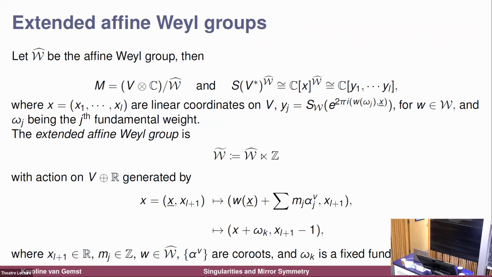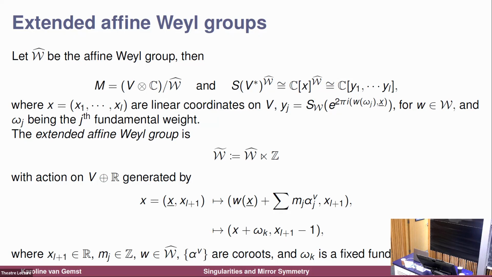And it's the same story as the non-affine, only now the basic invariants are Fourier polynomials, so exponentiated polynomials in the linear coordinates on V. And here, the omegas will always be fundamental weights.